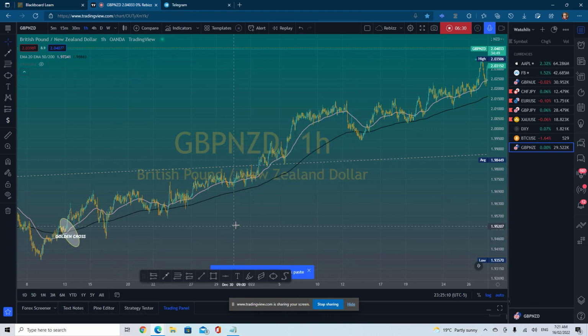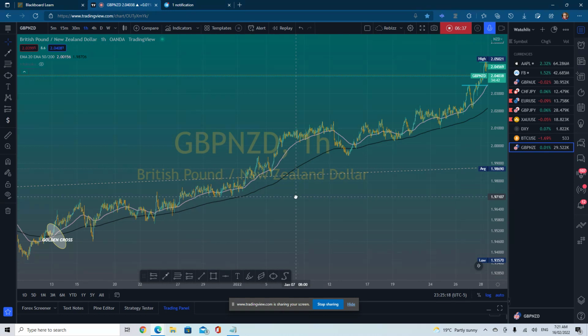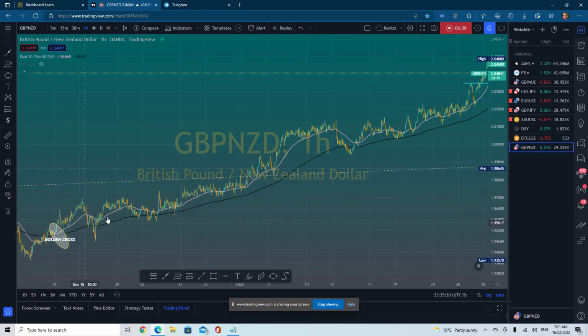So most traders will use this to get into buys or sells. Some traders, once the fast moving average has crossed the slow moving average, will use the slow moving average as their place for stop loss. So another person will have entered this trade, and when price crosses the slow moving average, you get out of the trade, and then get back in when price again crosses the fast moving average.